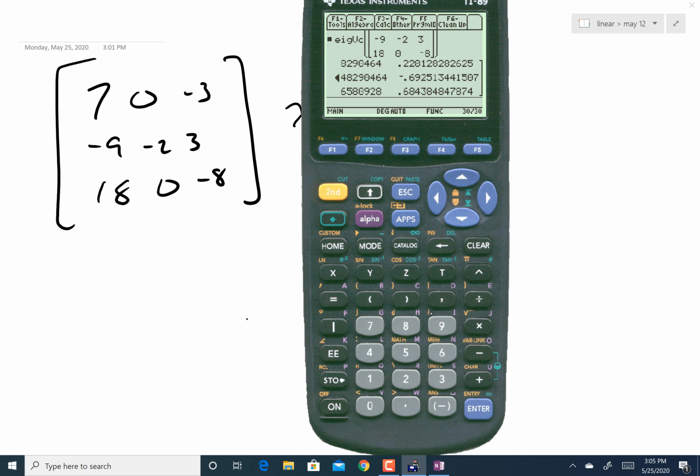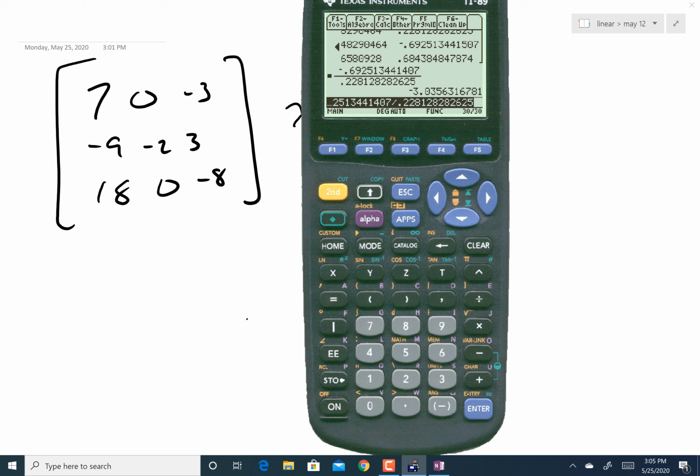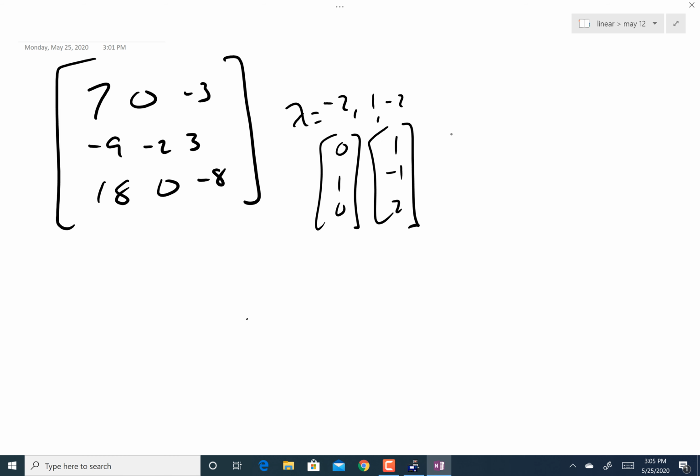So we're going to do negative 0.6925, 13441507 divided by, but negative 3.03.